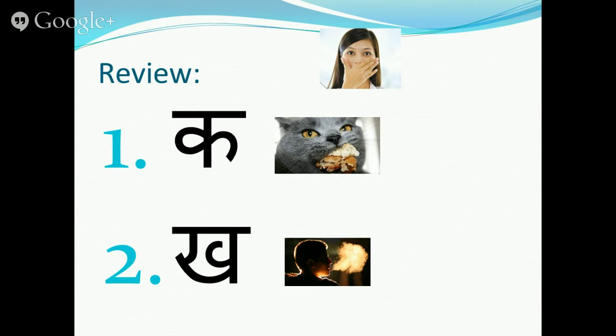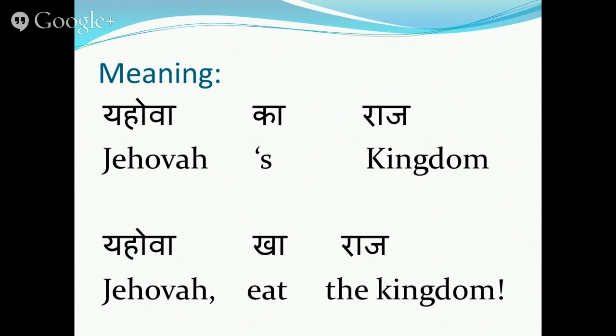So hopefully you practice number one quite a bit and you are able to figure out how to stop the air from coming out, because that's very important. So that's an interesting example. Here we have the first example, which is Jehovah Karaj, Jehovah's Kingdom. Now, if we just change slightly the pronunciation of this, Jehovah Karaj, now we're telling Jehovah, eat the kingdom.